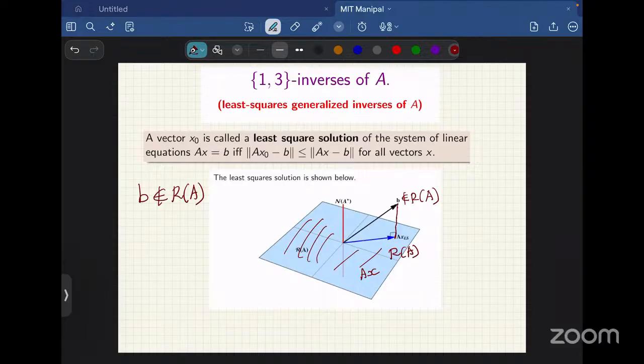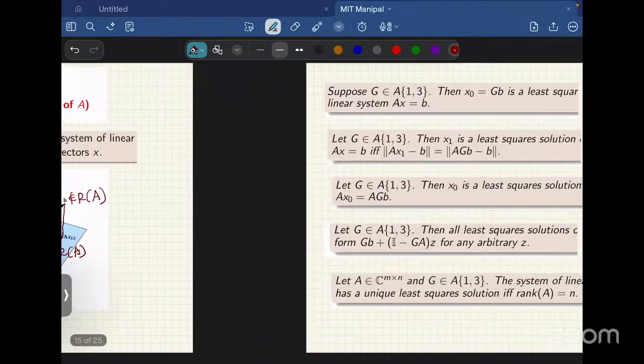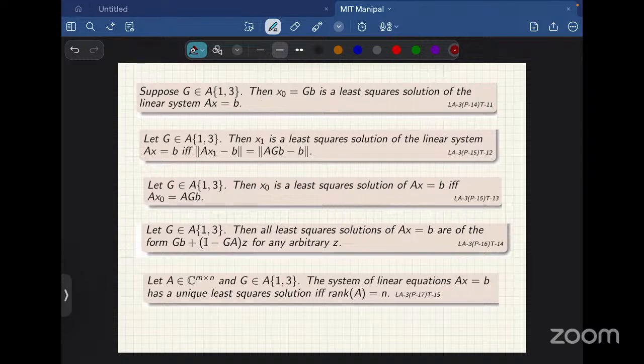So the least square solution is not actually a solution, but it is the nearest one, an element in the range of A, with the corresponding x naught if I apply it, which comes from B. So there is a connection between 1-3 inverse and this. Therefore, if anyone knows a 1-3 inverse, let us say G, then one can find GB.